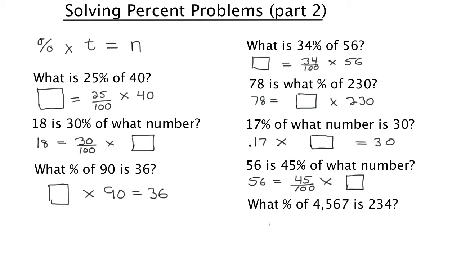And last here, what percent? So the what. Every time you see what, that's what I'm looking for. What of this number, 4,567, is 234. You need to be able to set up your problems like this. It's important. Once you can do that, now you're ready to move on to the next step.